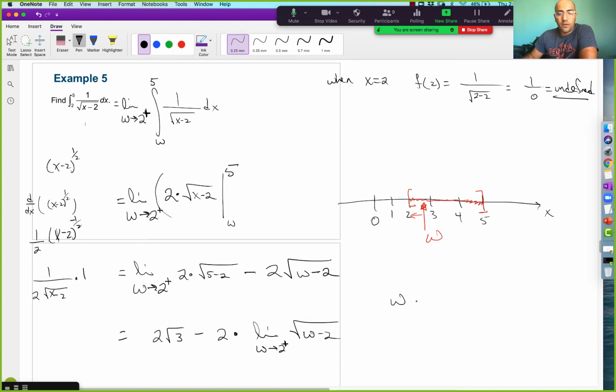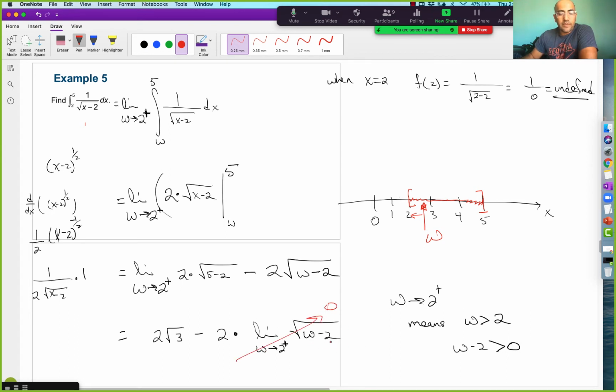W approaching 2 from the right-hand side means w is always a little bit bigger than 2, which means that w minus 2 is always a little bit bigger than 0, which means that this is getting infinitely close to 0, but always positive, and so the whole thing is just going to converge to 0.